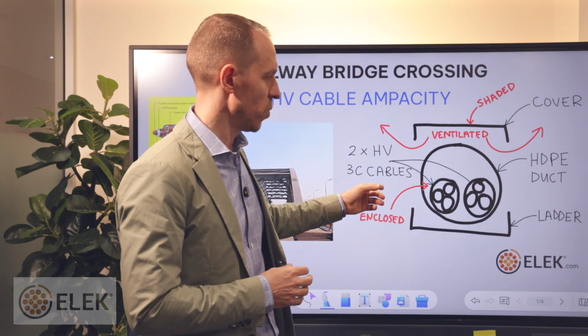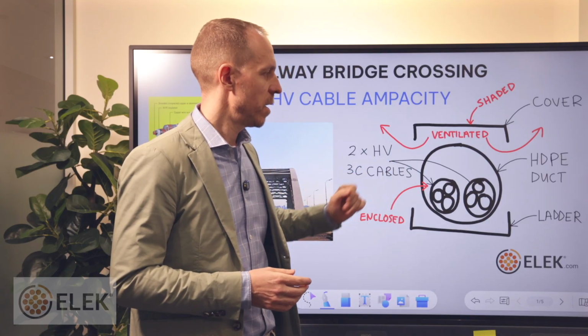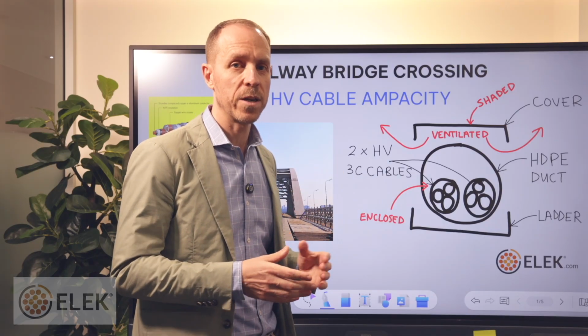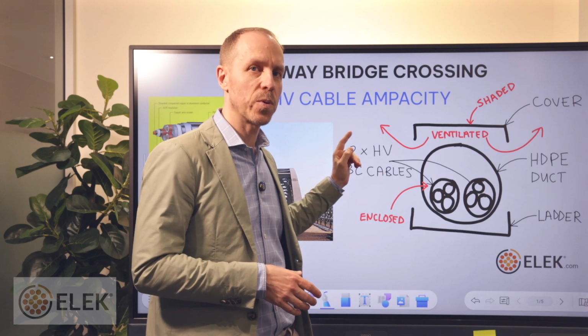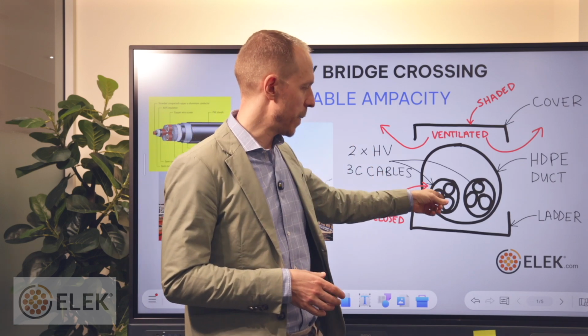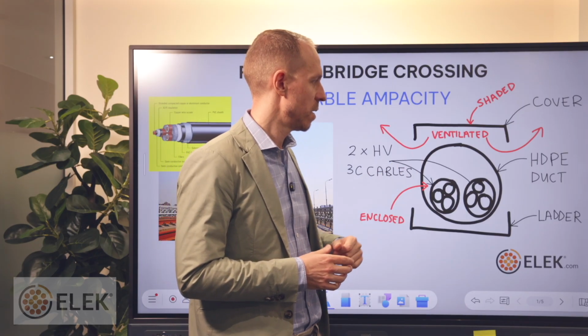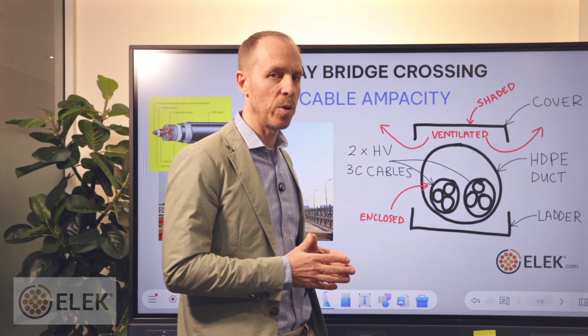So the situation was a railway installation where the cables needed to be heavily protected from vandalism actually. So I'm going to explain how to use the multi-step process to get the ampacity of the medium voltage cables inside the duct installed on this special cable ladder arrangement.